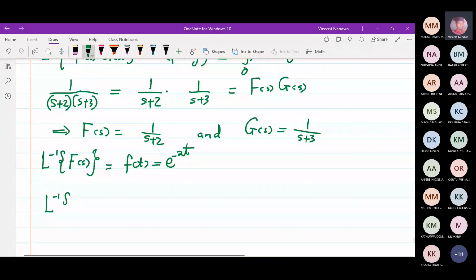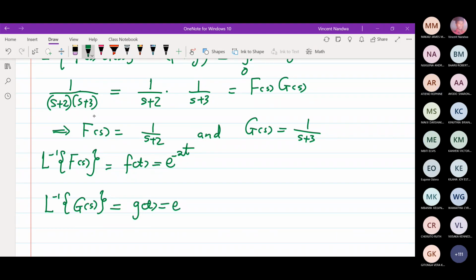And the inverse of g of s will give us the g of t, which is e to the minus 3t. Correct. So that's what we have. So we have everything because we know what convolution of f and g is.